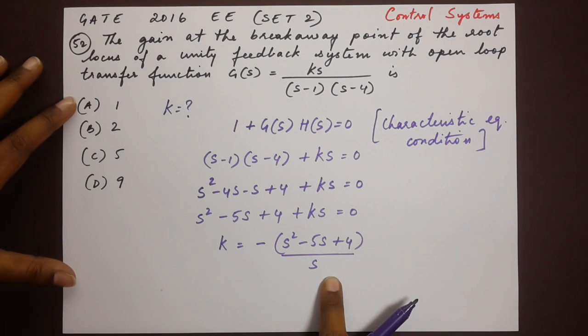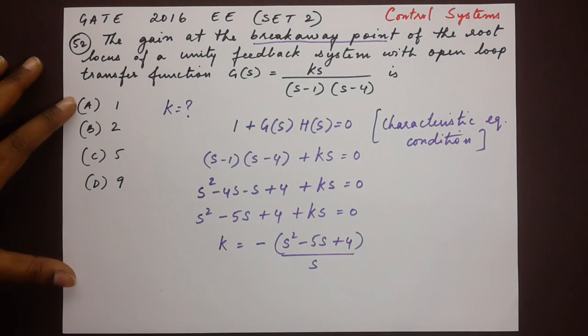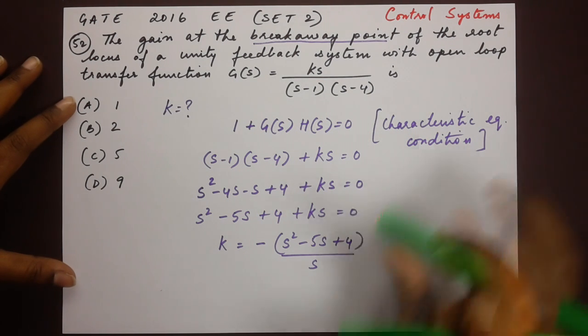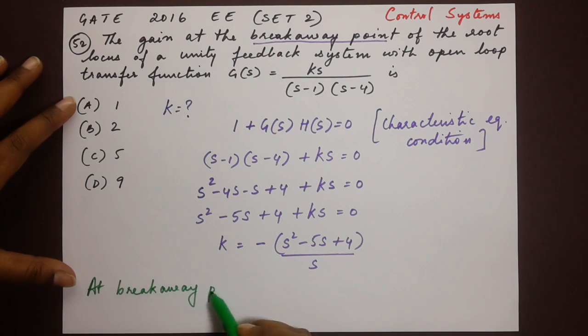Now the question says that we need to find out at the breakaway point. At the breakaway point, here is an important condition: dK/ds should be equal to 0. The differentiation of the gain with respect to s will give us 0.